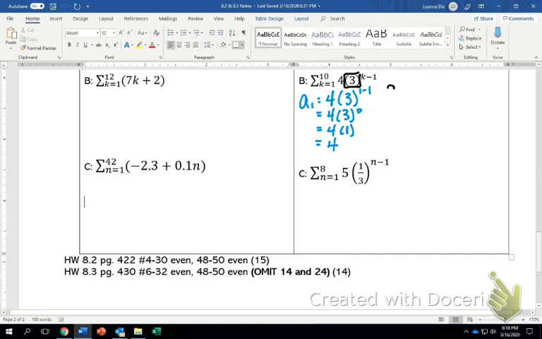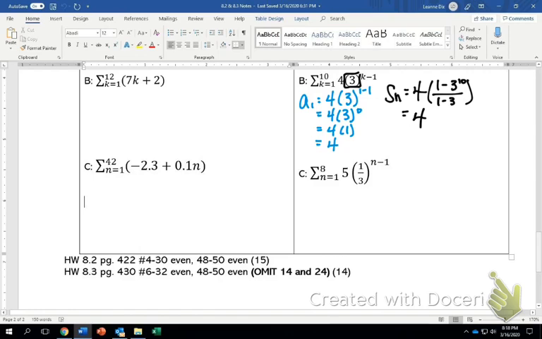So we should get S sub n is going to equal 4 times 1 minus, not 4 to the 10th power, it's going to be 3 to the 10th power over 1 minus 3. Use our math.